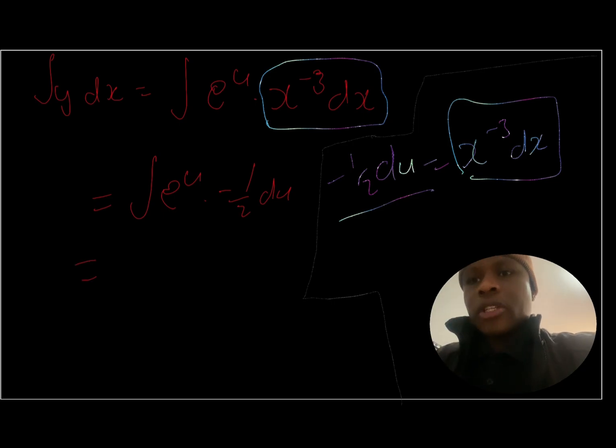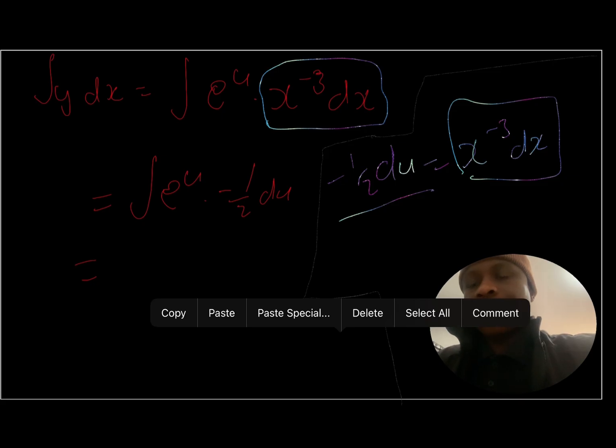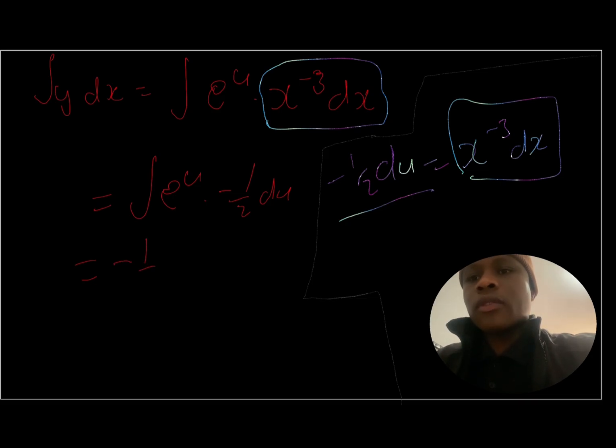Let's continue. When we arrive here, you see that we can integrate u here because we have du, and then we can take out the constant, which is -1/2, e to the exponent du.